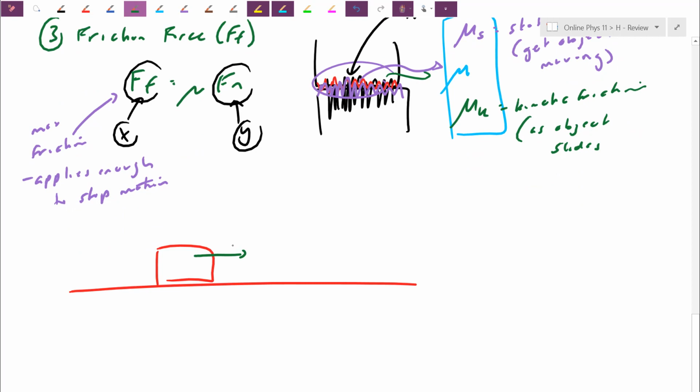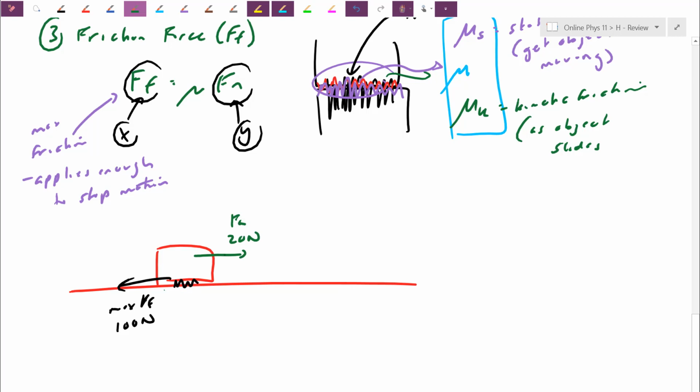So let's do a quick picture here, and then we'll do a worked out example. Let's say I apply a force of 20 newtons going to the right. Let's say when I calculated my formula, the maximum friction, based on the normal force and the coefficient, based on the roughness here, was some 100 newtons. So here I am, trying to pull this object to the right, and yet the friction force is too intense.